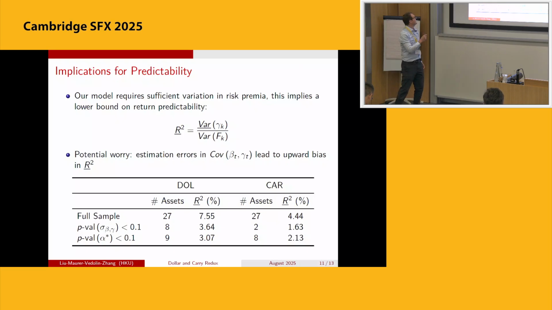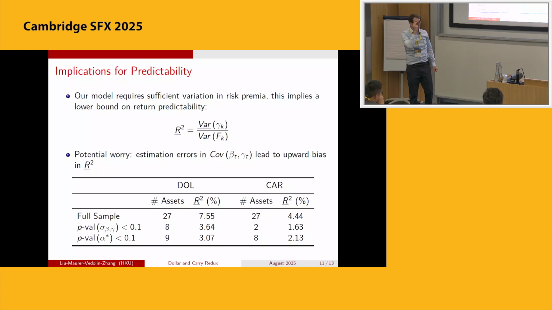The last thing I want to say is, in our model, you have crucially this time series variation in risk premium, right? And so, of course, you say, well, if there's a lot of time series variation in risk premium, that would also imply a very high R-square in predictive regressions, right? Because you basically have the return that can be decomposed into surprises and risk premium.